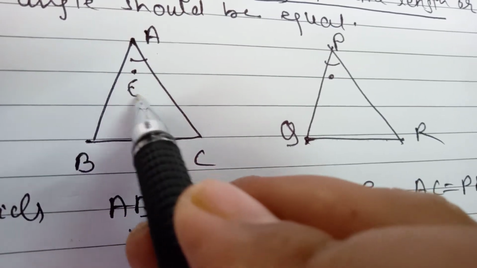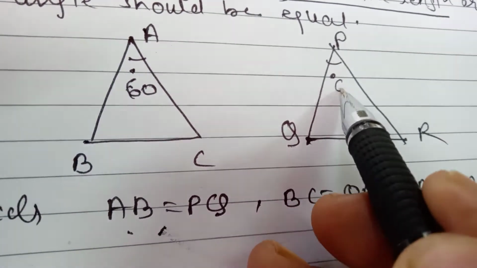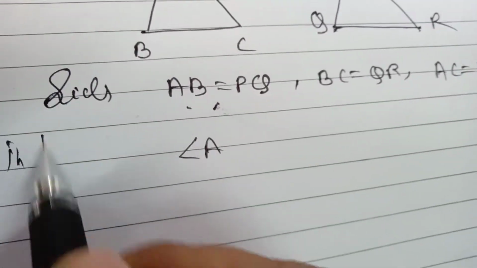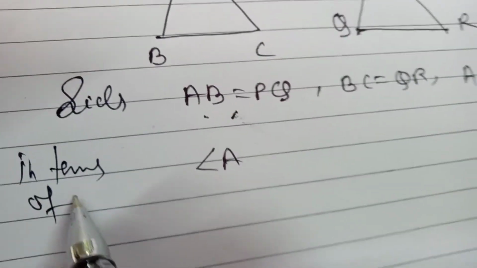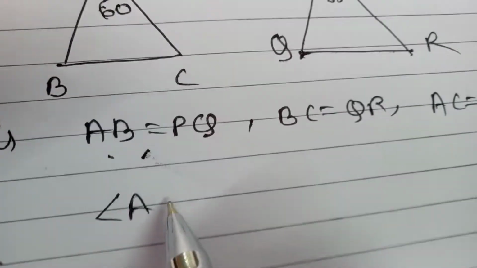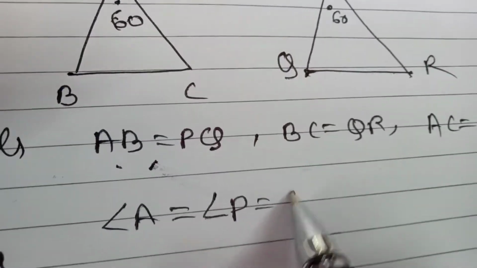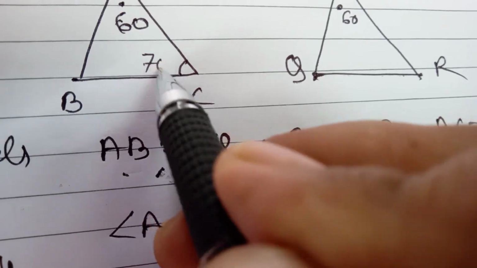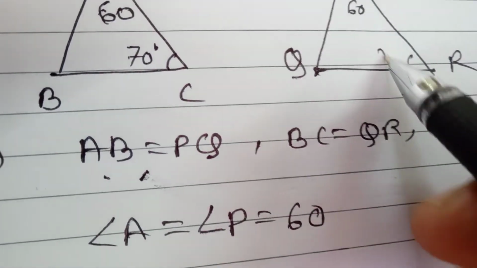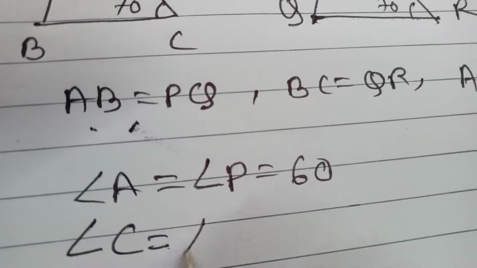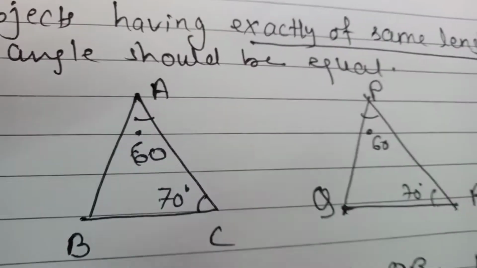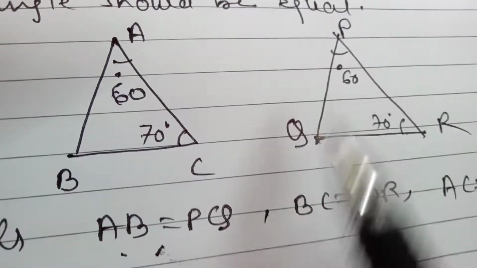In terms of angles, suppose A is 60, so P is also 60. So angle A is equal to angle P, which is 60. Now I am taking C as 70, and R as 70. So angle C is equal to angle R, which is 70. Can you guess the other two angles are equal?